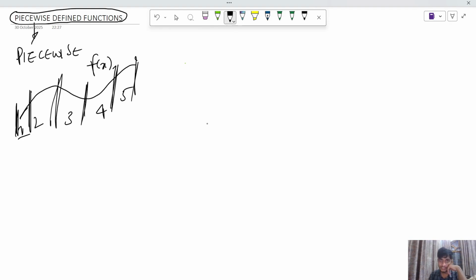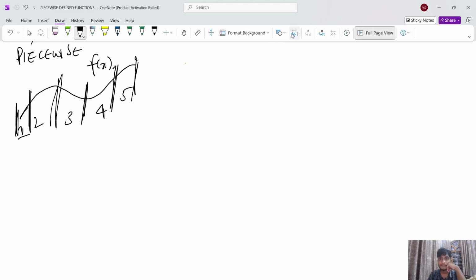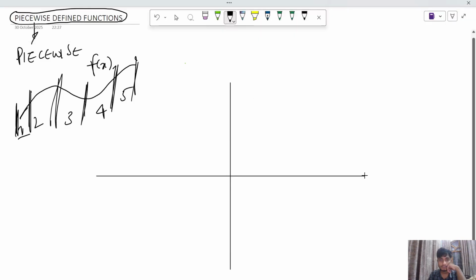Let's start with the graph directly. Let's say I have a straight line, a0 plus a1x. For now, let's call this f1 of x. Some function, and from here let's say it's increasing and decreasing here.